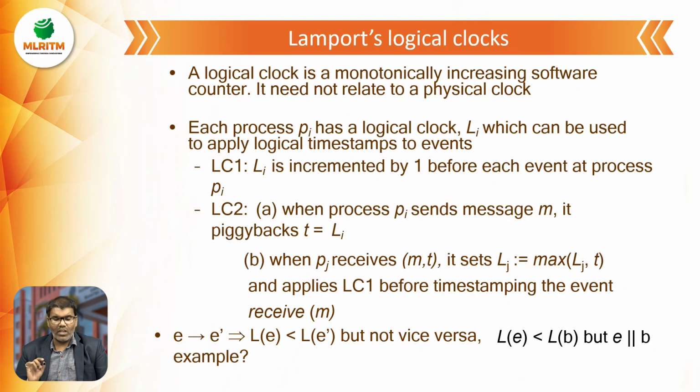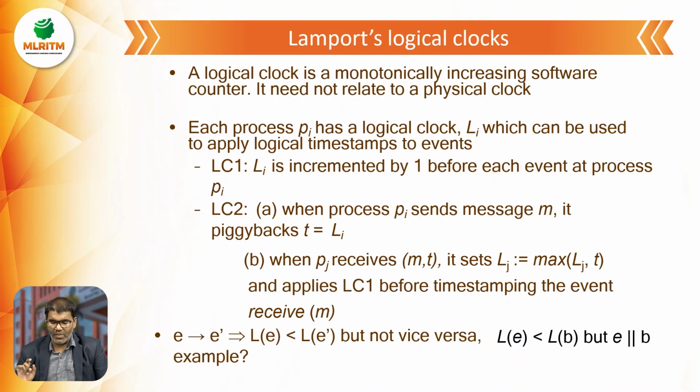Here logical clock 1 is that Li is incremented by 1 before each event at a process Pi. And next logical clock 2, here we have two parts.